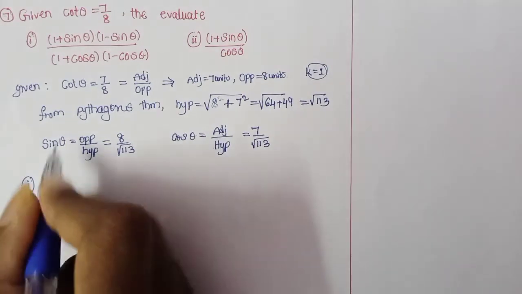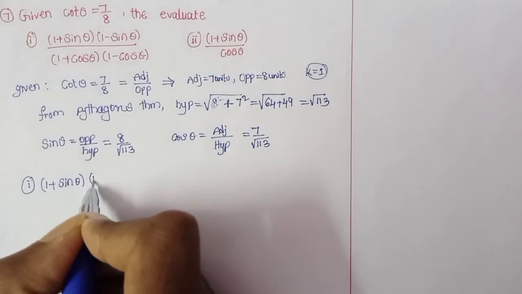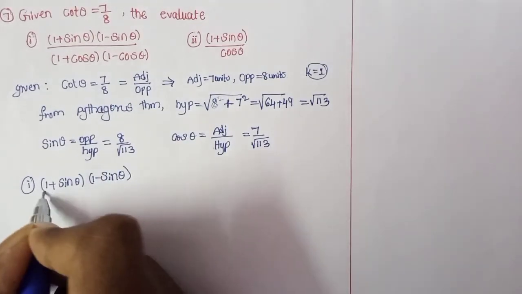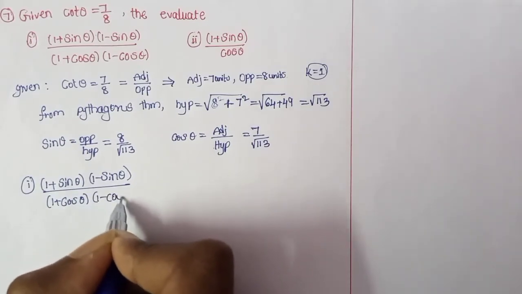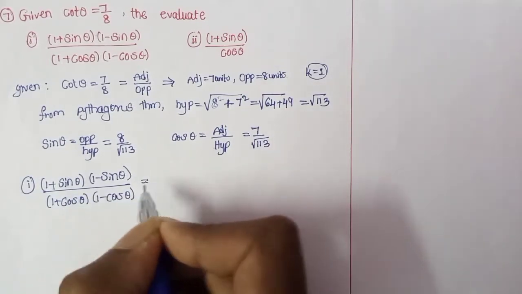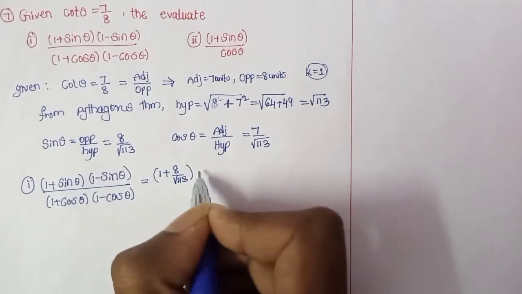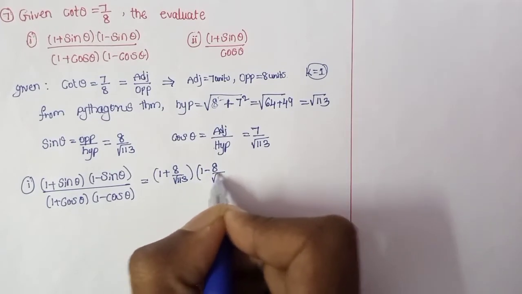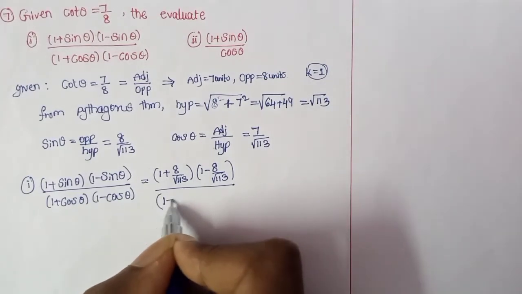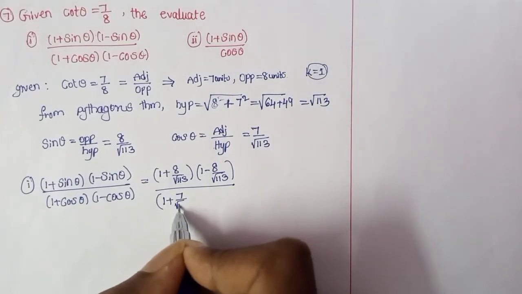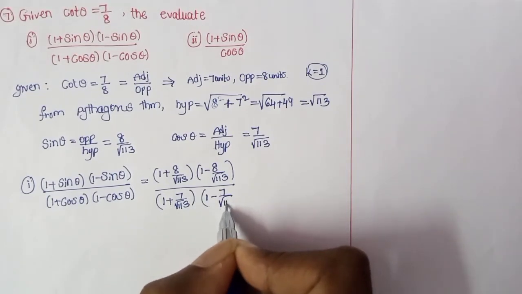First problem is 1 plus sine theta into 1 minus sine theta divided by 1 plus cos theta into 1 minus cos theta, which is equal to, so we calculated sine theta, 1 plus 8 by under root 113 into 1 minus 8 by under root 113 divided by 1 plus 7 by under root 113 into 1 minus 7 by under root 113.